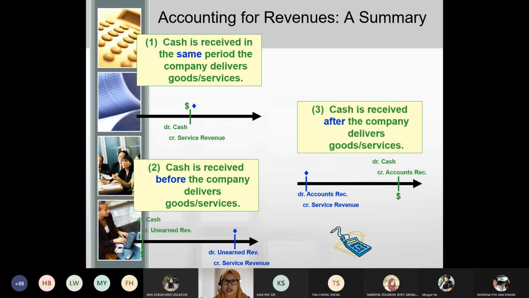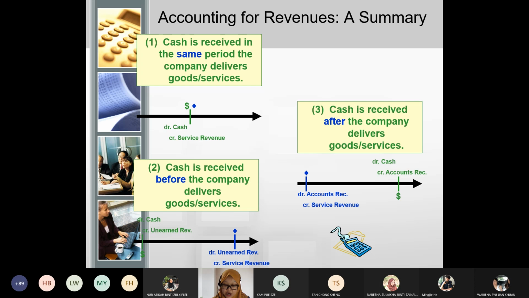But if the cash is received in advance, which is before the company delivers the goods or services, how do we record it? How do we prepare the accounts for this situation? If the cash is received before the delivery of goods or services, then we have to do the journal entry.